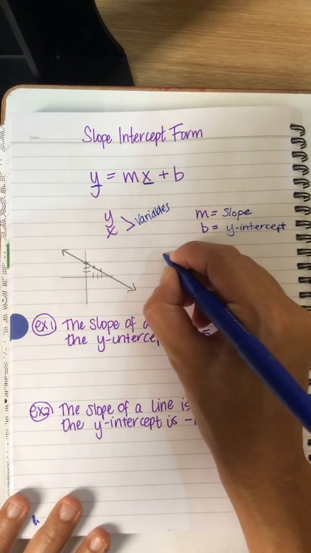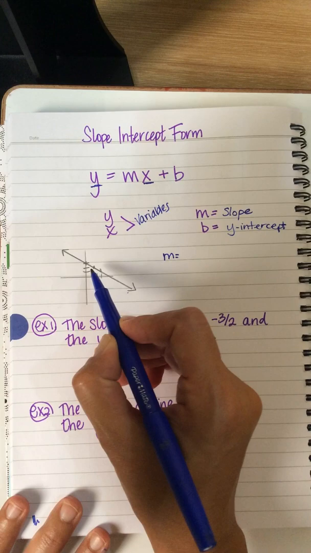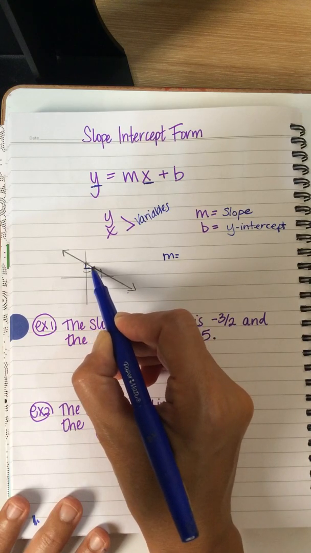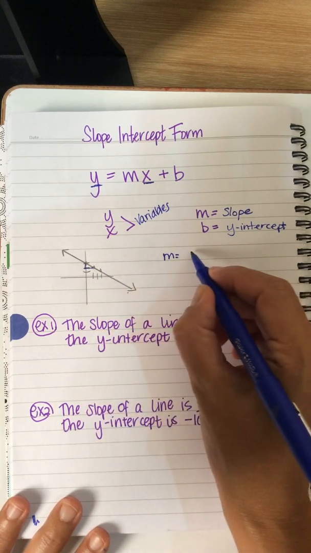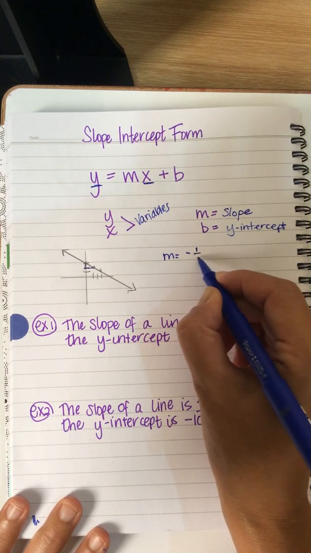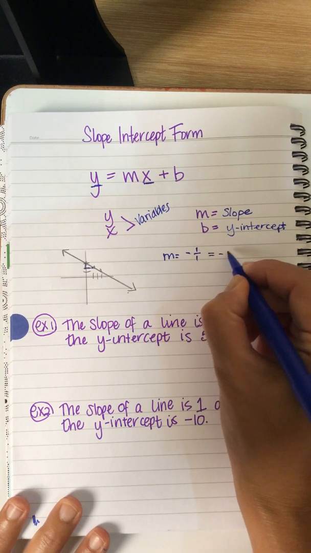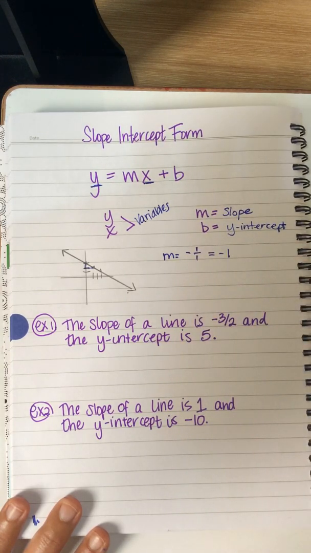So let's figure out that slope real quick. What is the slope of this line? Well, I can go down 1 and over 1. So I know it's negative down 1, that's my rise. And then my run is also 1, so negative 1 over 1 ends up just being negative 1. So my slope's minus 1.